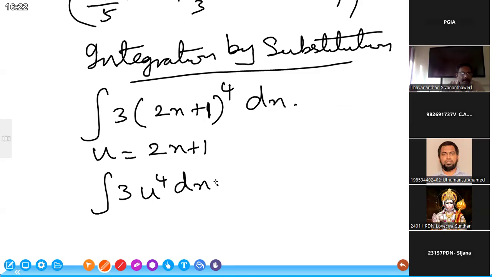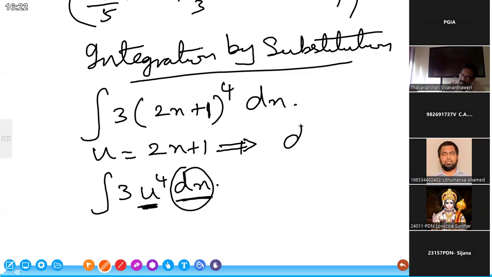We simply say 2x plus 1 is considered as u. Now, this part is in u form, but this is in dx form. So we'll have to bring this also into du form. For that, we use this u.